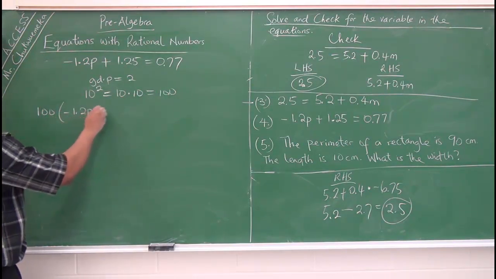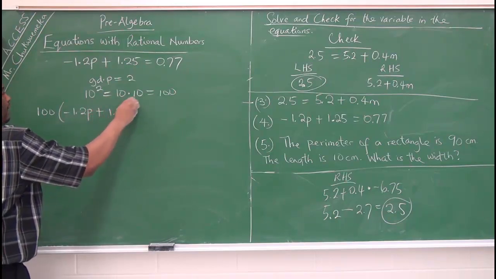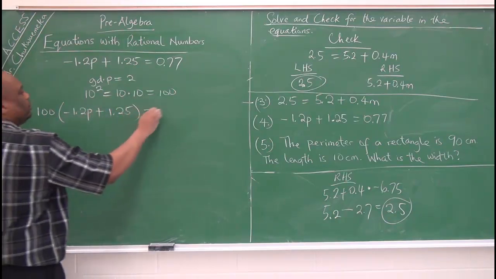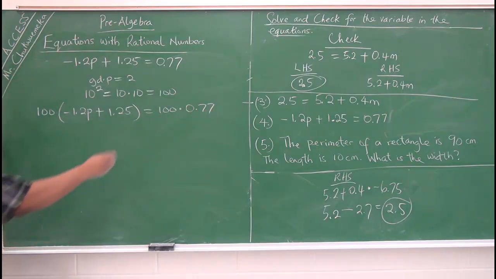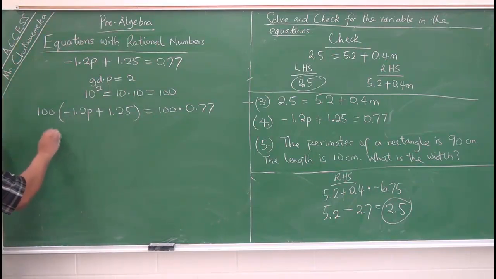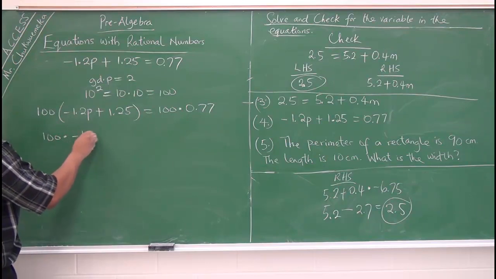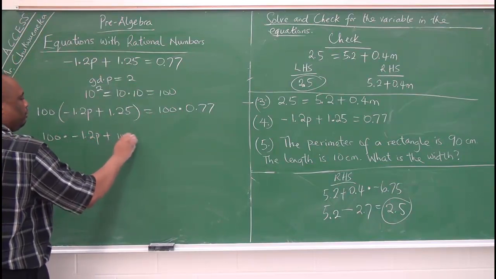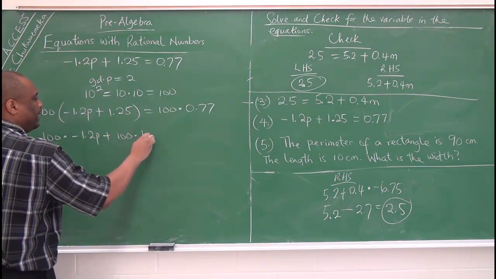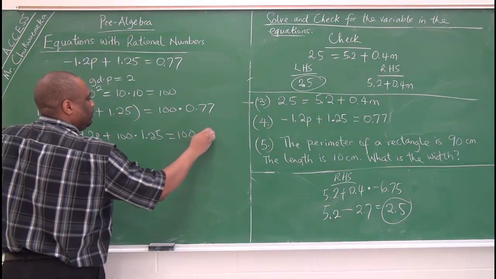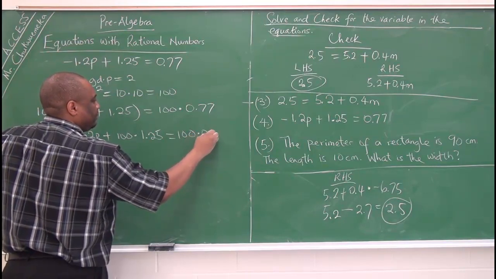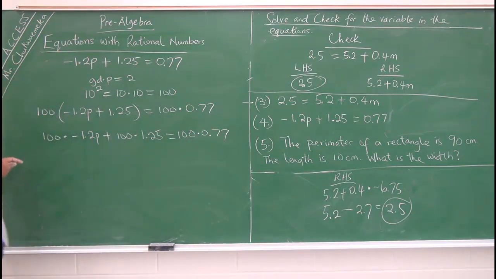100 times negative 1.2p plus 1.25, all in parentheses, equals 100 times 0.77. So we now use the distributive property, right? 100 times negative 1.2p plus 100 times 1.25 equals 100 times 0.77. 100 times negative 1.2p is what?